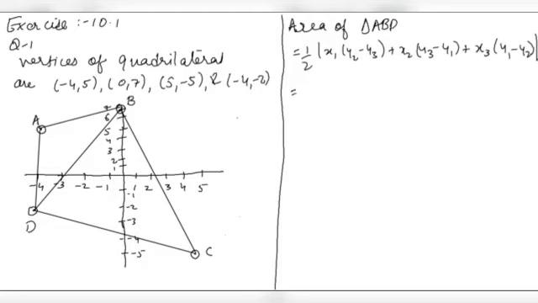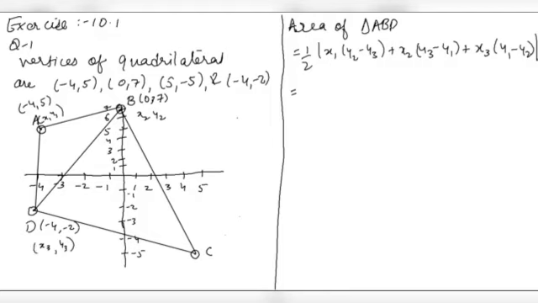So I will take this coordinate as x1 y1, this as x2 y2, and this will be my x3 y3, -4 comma -2, right?